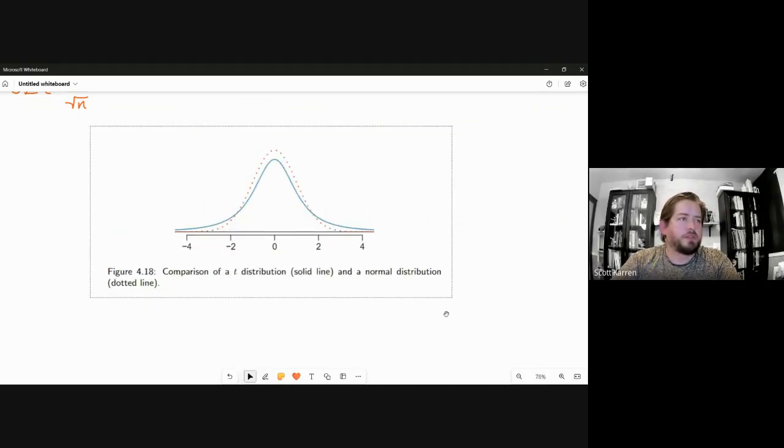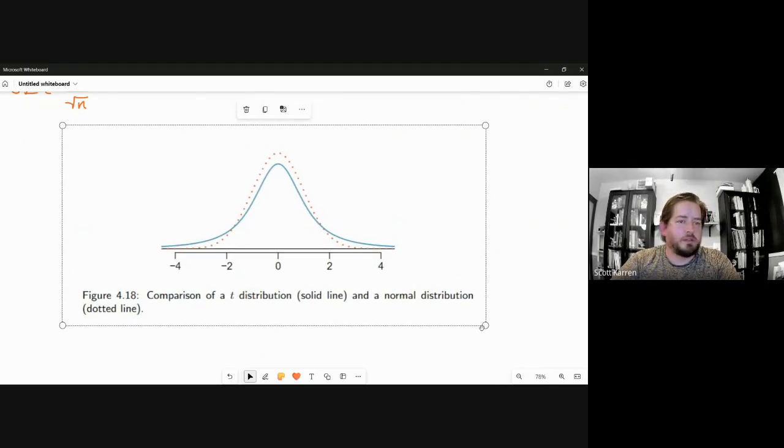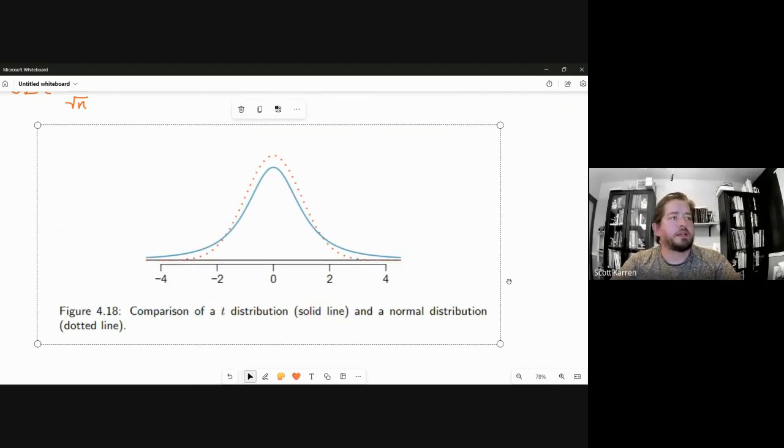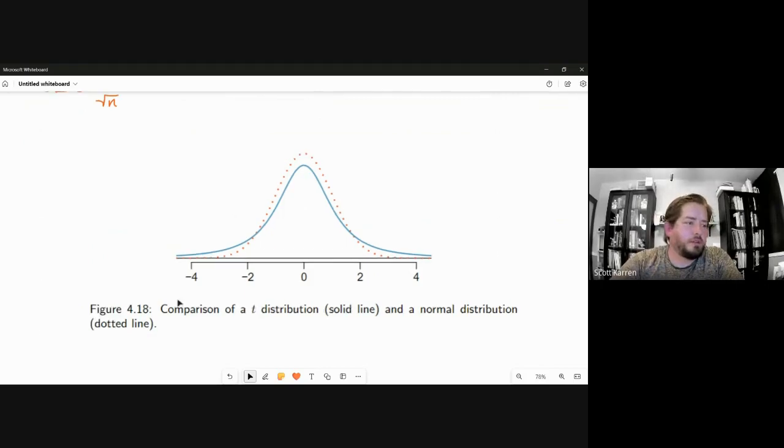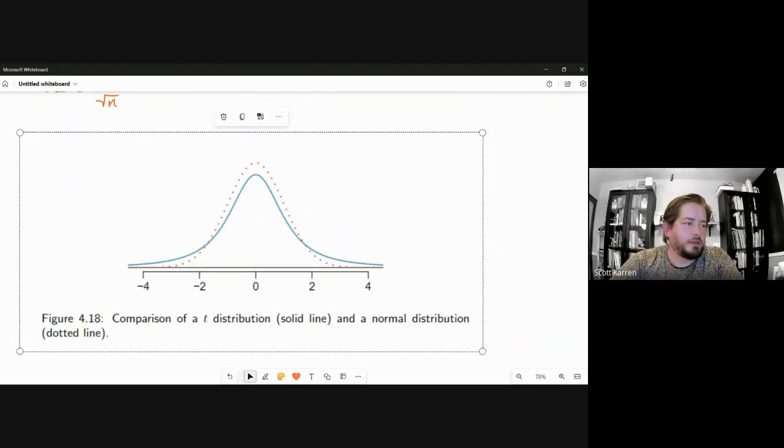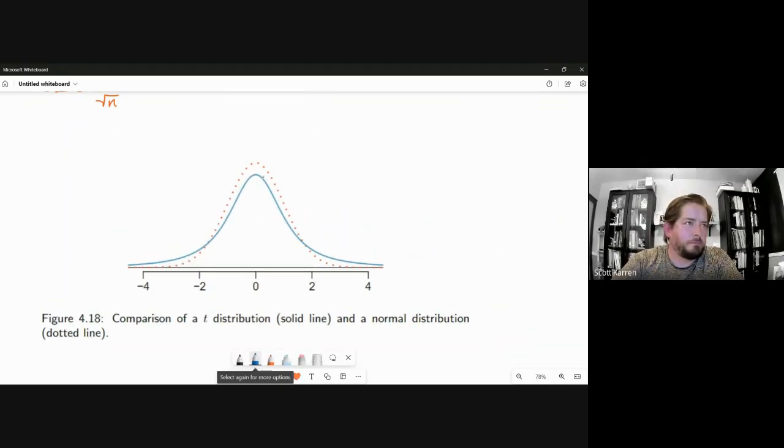All right, so this is the solid line. That solid blue line is the t distribution, and the dotted orange line is the normal. So you can see that the t distribution was designed with the same bell curve looking shape. It's approximately normal, right?